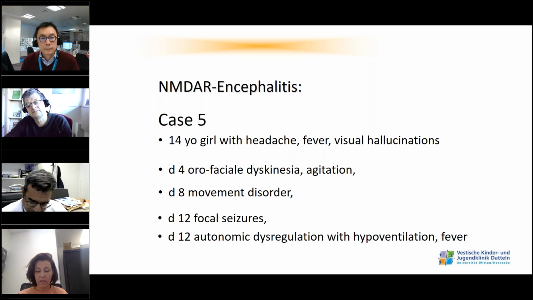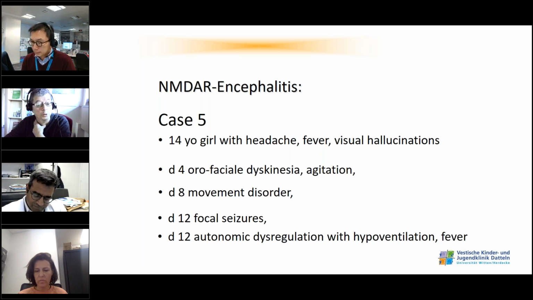In my experience in the last years, there are some children who present with this type of sequence of symptoms, but I've now seen several children who only present with a movement disorder, or who only have focal seizures, and the spectrum and the variability is quite interesting.